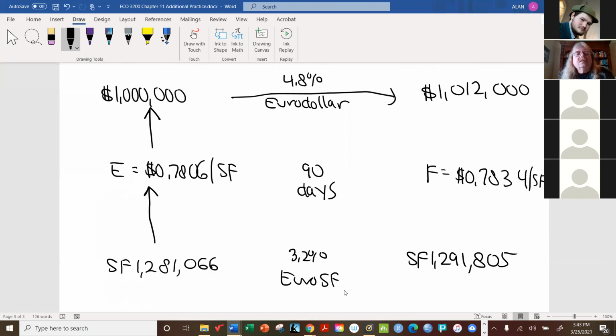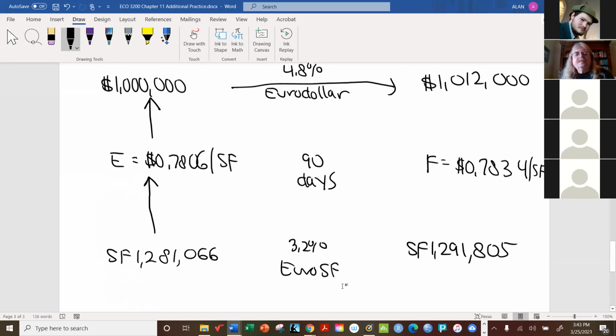Once we have our $1 million, we deposit them in a eurodollar account, which brings us $1,012,000 in 90 days. Now, what we have to assume here, because of the way this is set up, we're going to assume that we borrowed these Swiss francs.